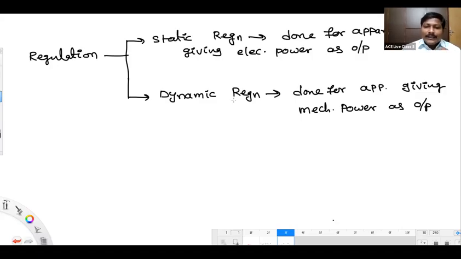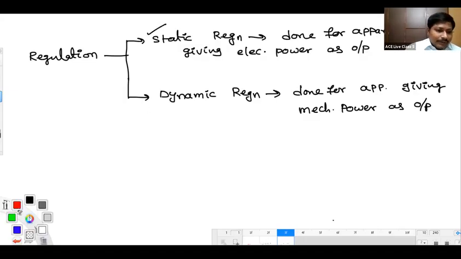For transformer the output is electrical, so static. Line output is electrical, so static. But for motors like synchronous motor and induction motor, we have to go with dynamic regulation. All remaining apparatus will go with static regulation only.